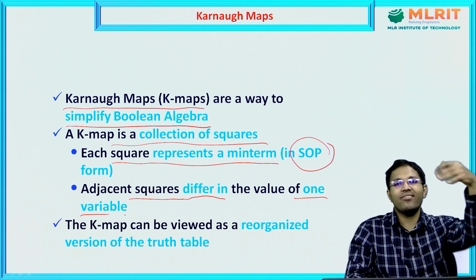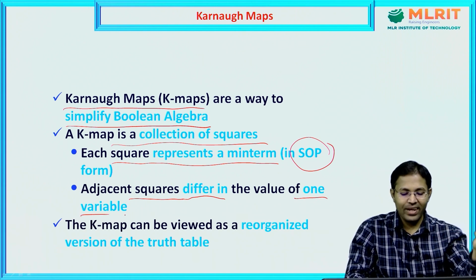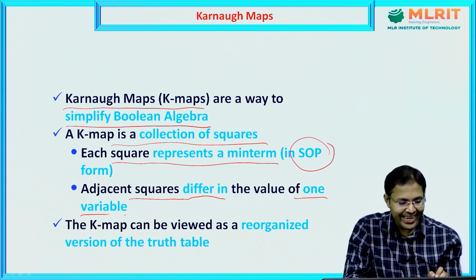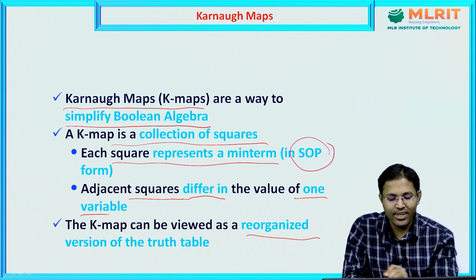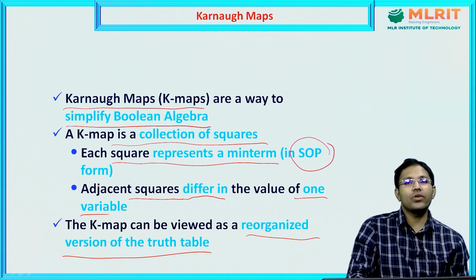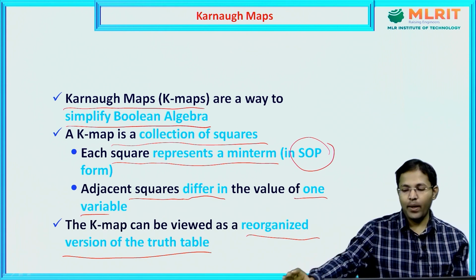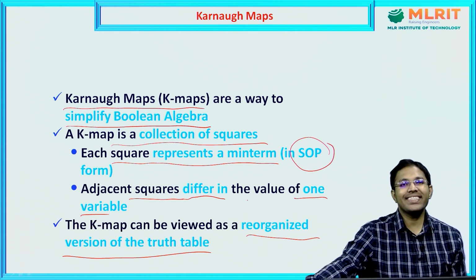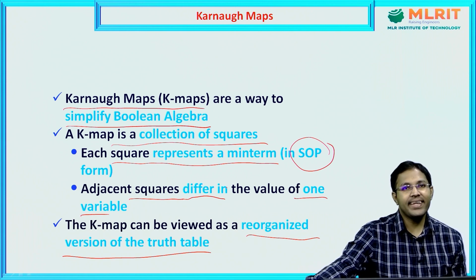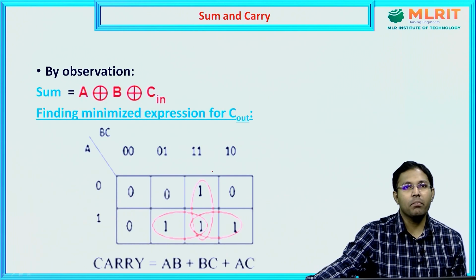All this we will see in the map, then you can understand. Then K-map can be viewed as a reorganized version of the truth table. If you rearrange the truth table in a different way, then it is the K-map. Let us look at the K-map and see how these points form the basis for the K-map.